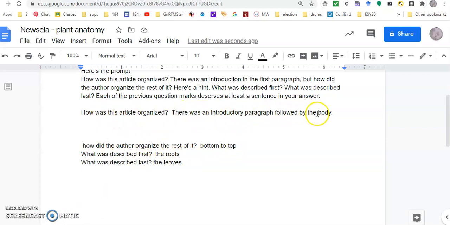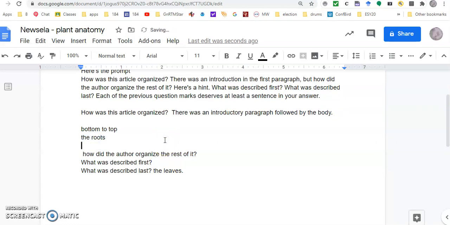There was an introductory paragraph followed by the body. The author used a bottom to top structure, talked about the roots first, talked about the leaves last, and they talked about the stem in the middle.